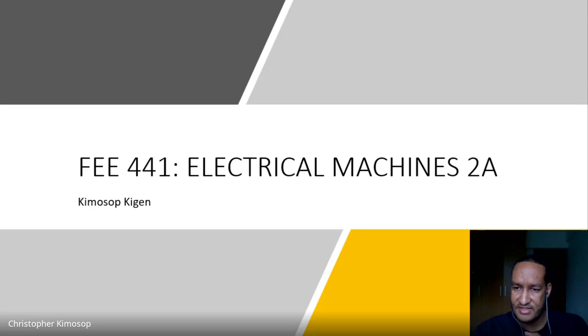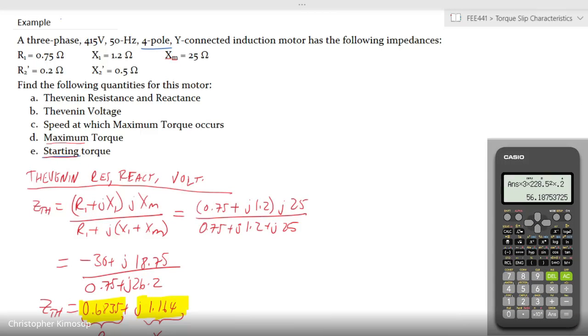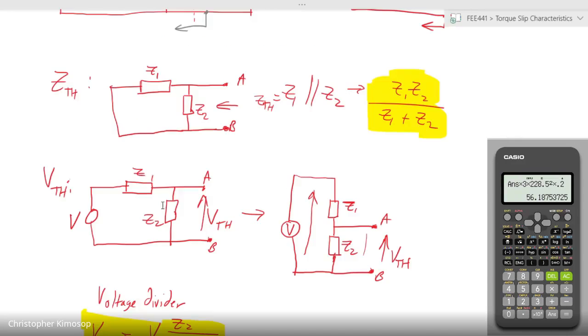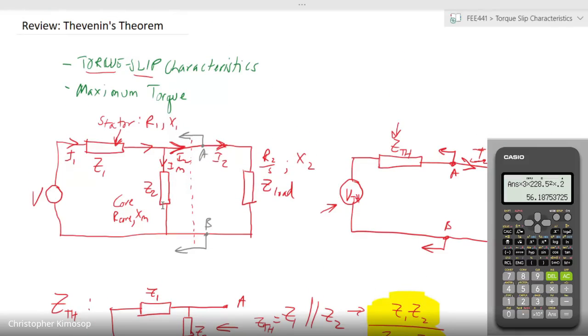In obtaining Thevenin voltage, why did we do √3? Just check that again. Oh, we are talking about the example.